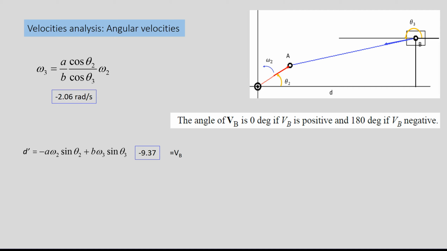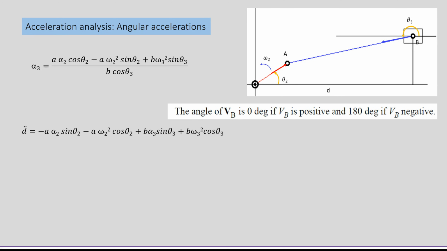When the slider goes right side, it is going towards the positive x-axis direction, so the angle should be 0. Based on this information, the linear velocity of pin joint B magnitude is the absolute value of what we get from d prime, and the angle should be 180 because we get a negative sign. So that is our first part answer.